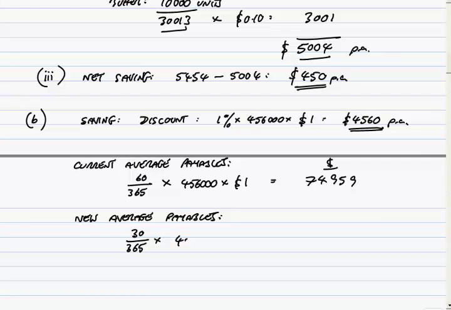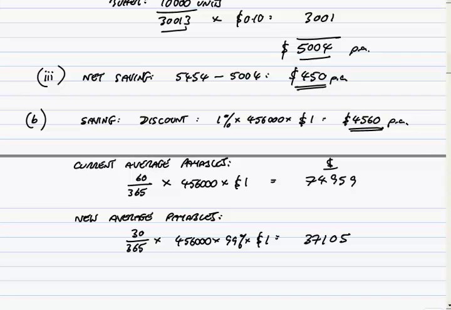We're still buying 456,000, albeit the total cost, there's a 1% discount, so it'll only be 99% of $1. And so the average payables I get 37,105.